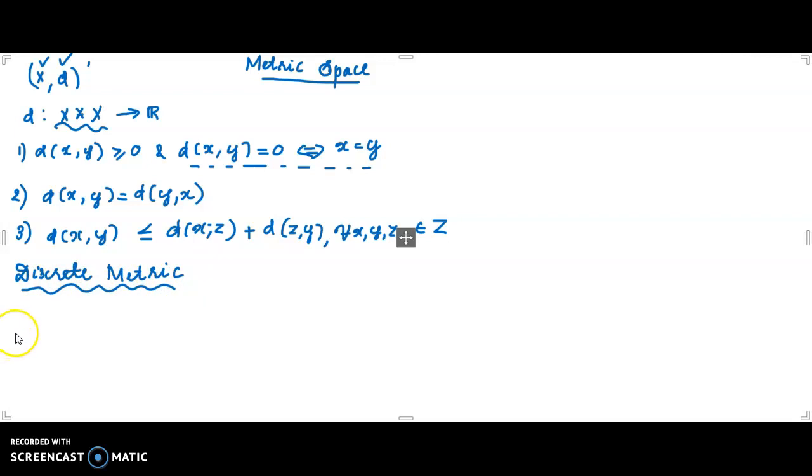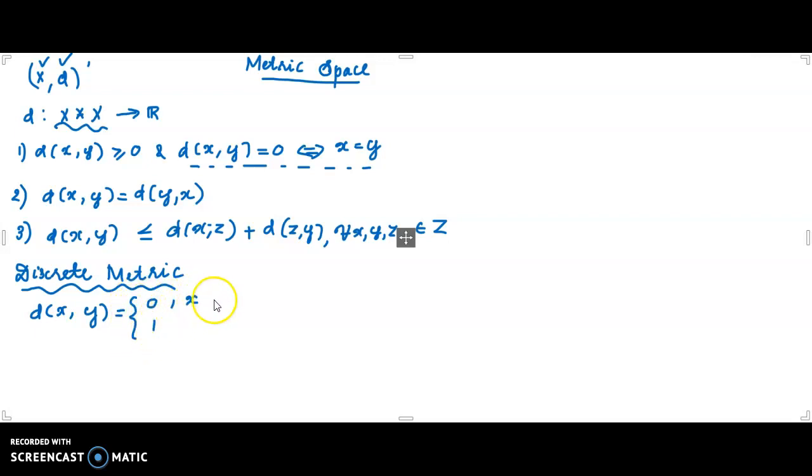When we define topology, we will have the example of discrete topology. Here we are studying the discrete metric, an example of a metric defined by d(x, y) equal to only 2 values, 0 and 1.